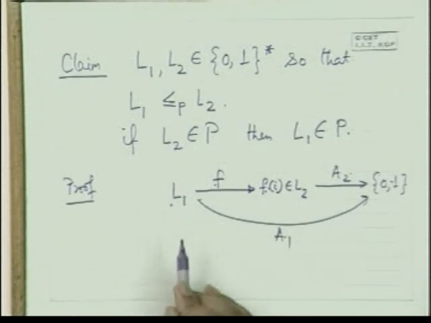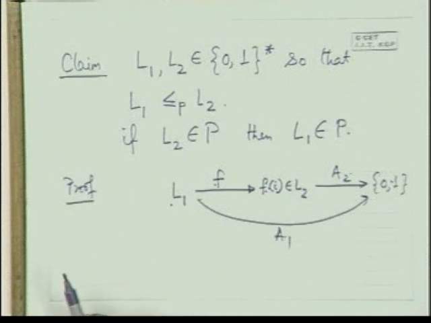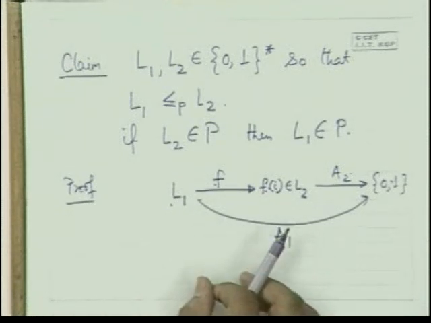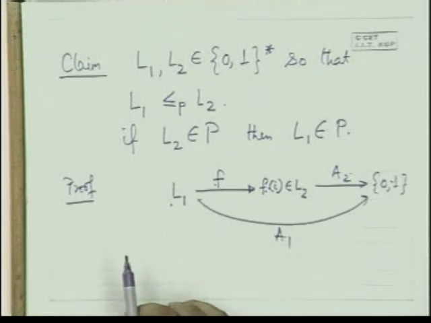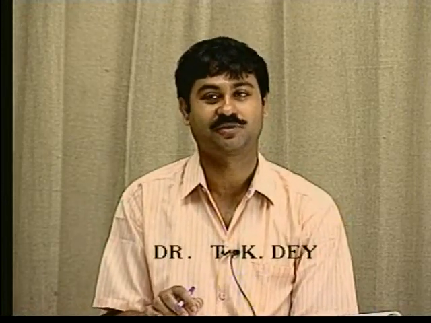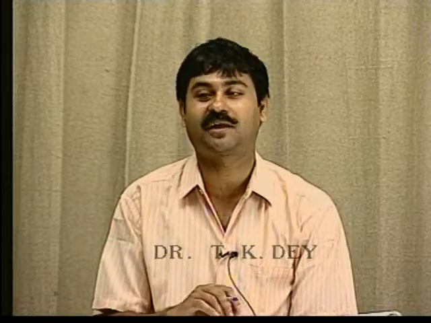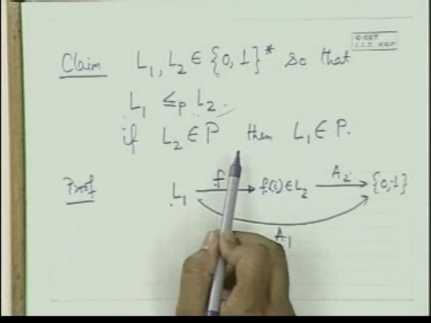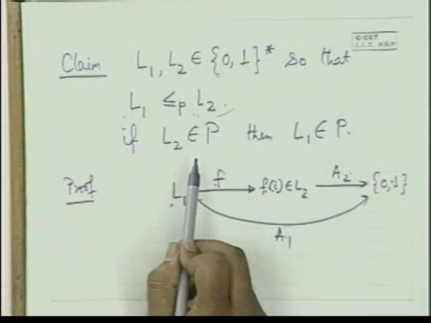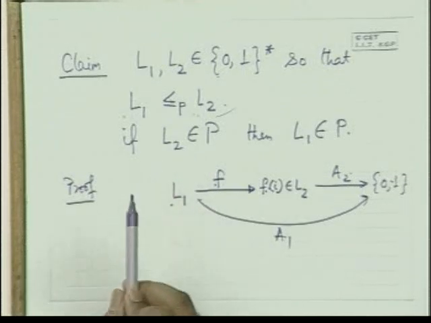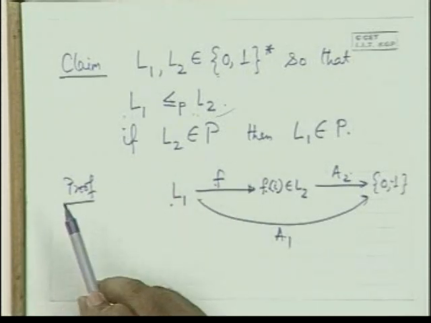Mind that, underline this forever, because this is a very common mistake people make all the time. Even if one has gone through this course, people are confused about this direction of reduction all the time, I have seen. You can only say if L2 is polynomial time solvable, then L1 is solvable, not the other way. You cannot say that. This direction is one directional, not both directional.